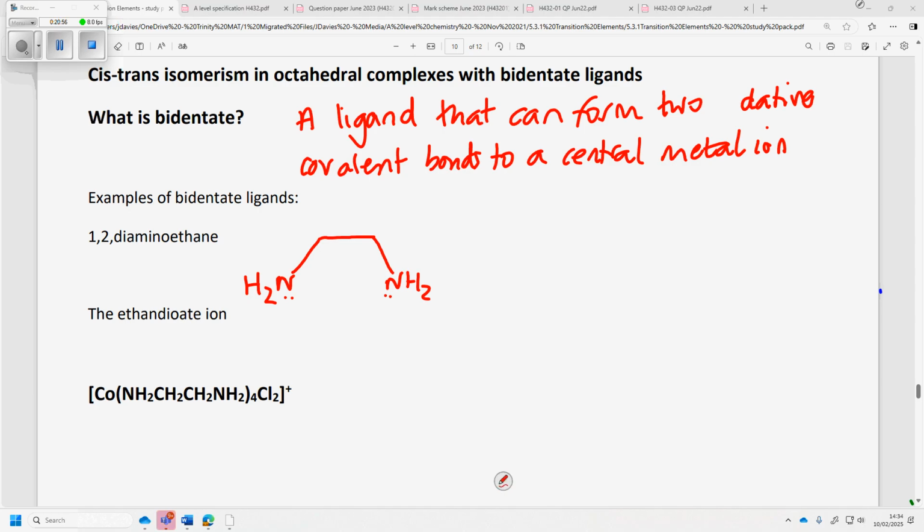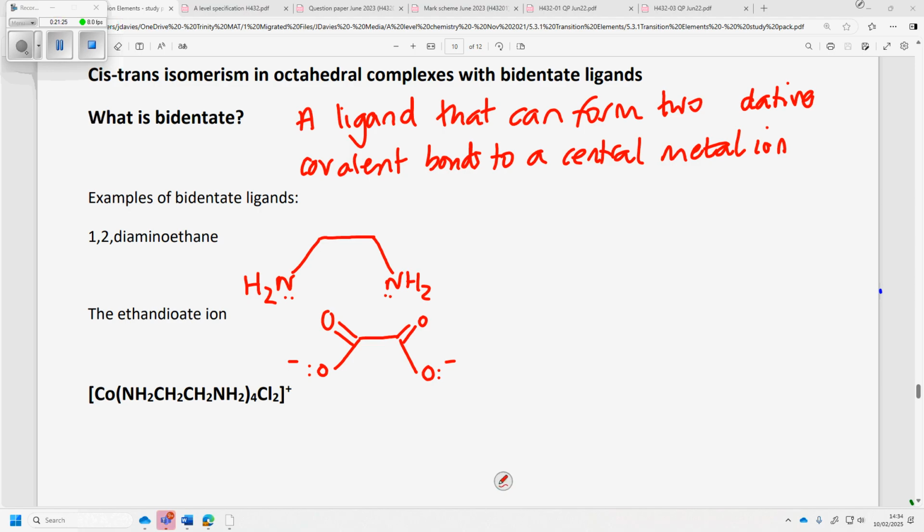In the old syllabus, we used to have to teach about another ligand that was bidentate, the ethanedioate ion. So again, we're going to have 2 carbons, and each of those carbons effectively is a carboxylic acid minus the proton.